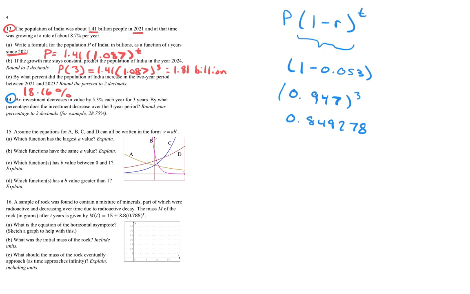So then if we want to find the amount that we decreased, we just go from basically 100% to this percent. And we find that we can do 1 minus 0.849278, which is just going to be 0.15072, so that we decreased by 15.07%.